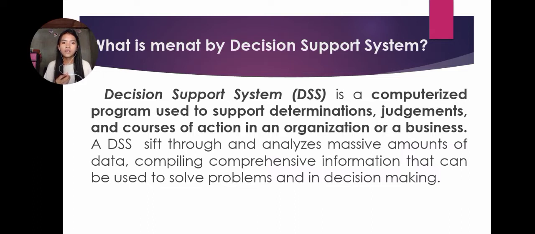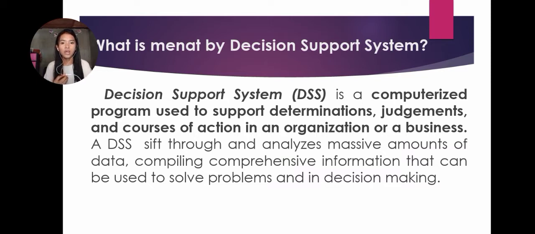It is really important to an organization because it helps decide what we're going to do to make your organization more informative and productive. And a DSS sifts through and analyzes massive amounts of data, compiling comprehensive information that can be used to solve problems and in decision making.